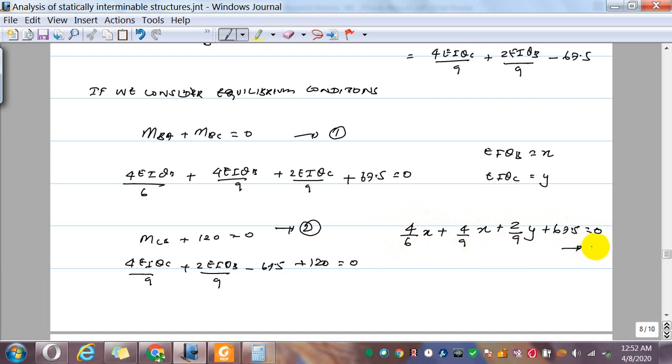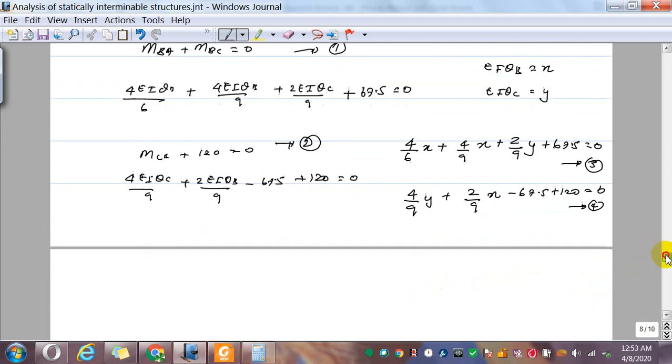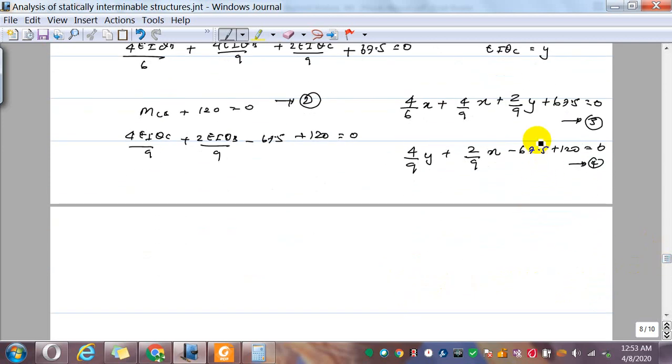This is equation 3. Then 4 over 9 y plus 2 over 9 x minus 67.5 plus 120 is 0. This is the next equation. So now using this equation, you see familiar values like x and y, and we can solve this and find the unknowns x and y.